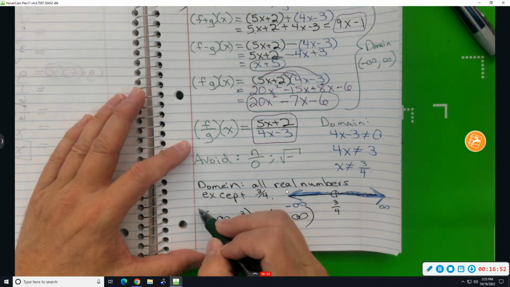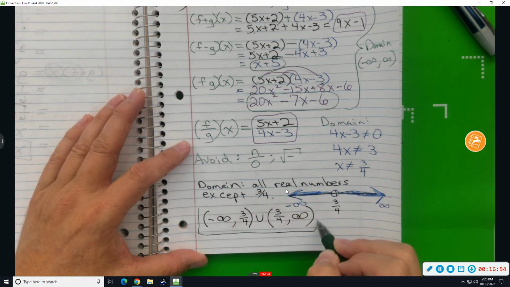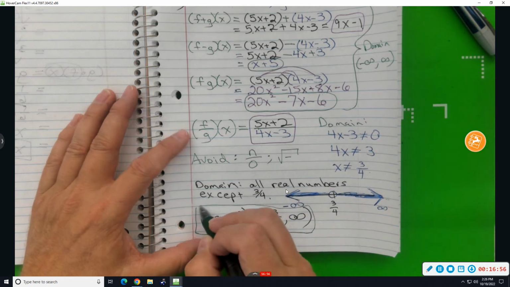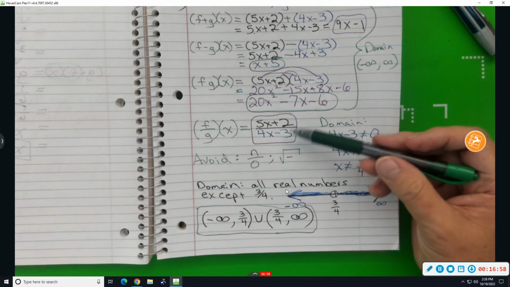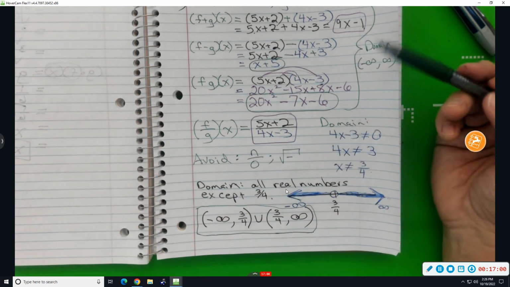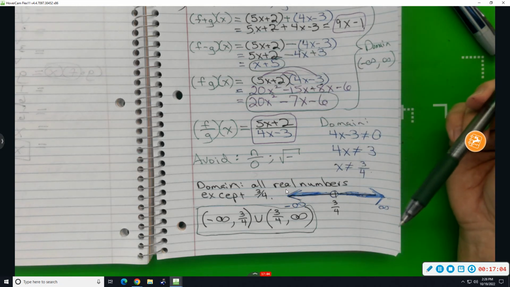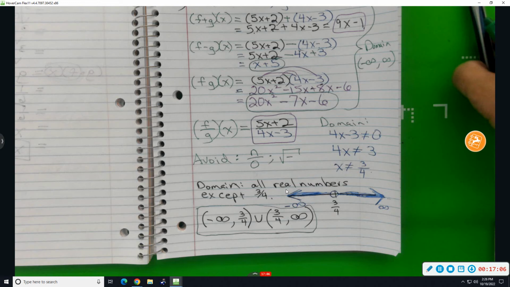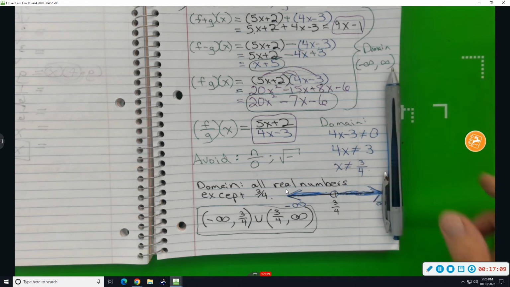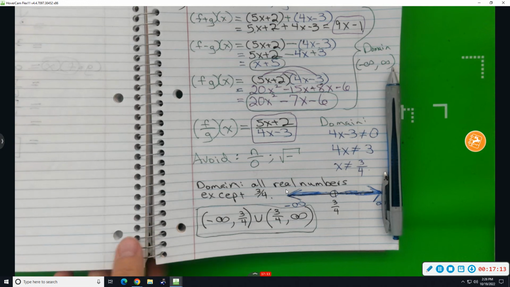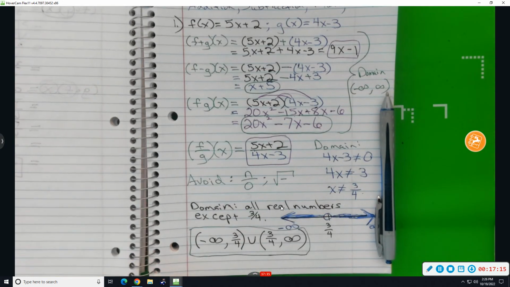is there's no new algebra here. We'd already found domains. We'd already found domains of rational functions. We knew how to add, subtract, and multiply algebraic expressions, so there's really no new algebra there. Any questions there?